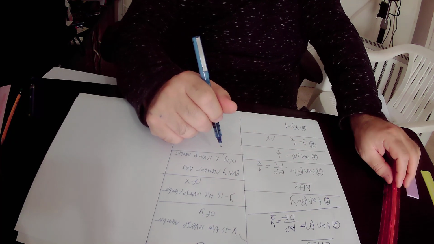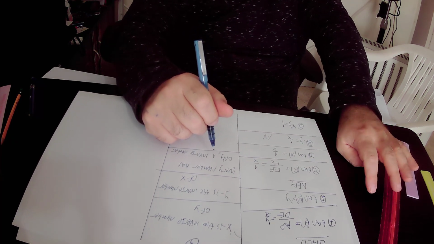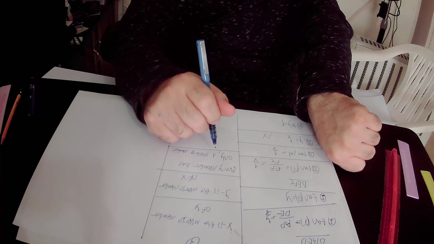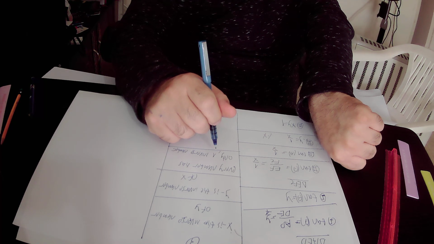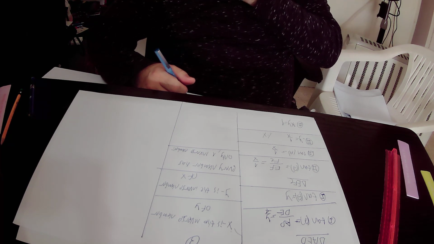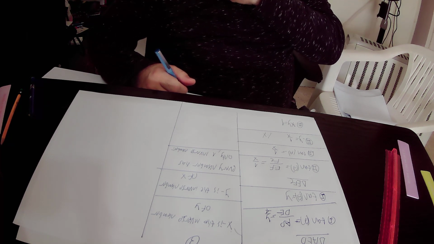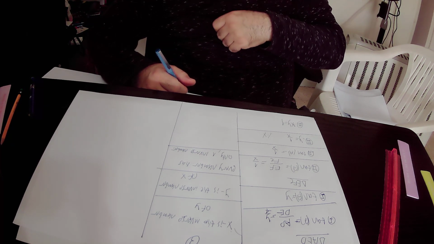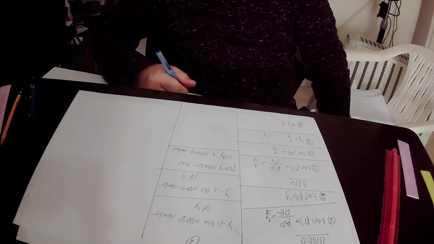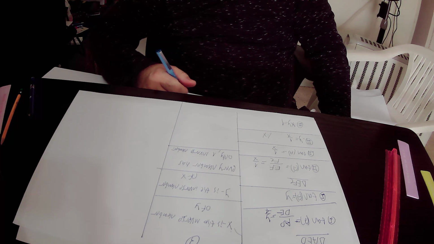That is to say, for example, 1 over 5 is the inverse number of 5, and 5 is the inverse number of 1 over 5, and the only inverse number of 5 is 1 over 5, and the only inverse number of 1 over 5 is 5.